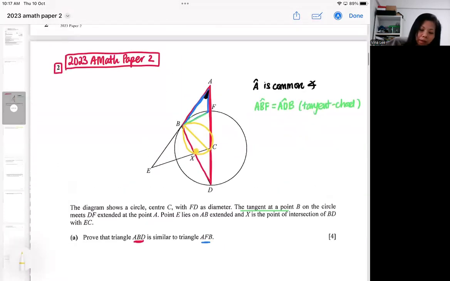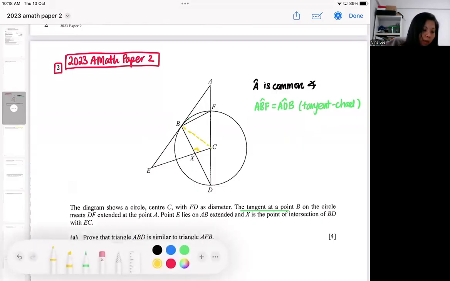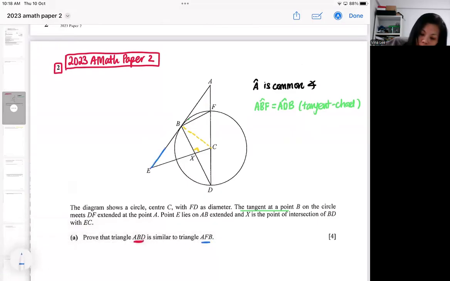So where is EBFC? If you want to, you can erase out everything, but do bear in mind that we already got a 90-degree here. So EBFC. You need to decide what this shape is.